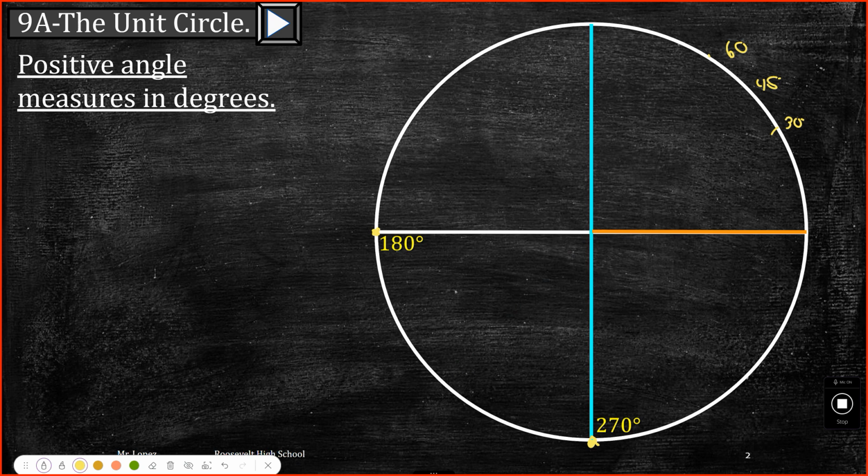I start over. 270 plus 30 is 300. 270 plus 45 is 315. 270 plus 60 is 330. And we do a full revolution, 360.